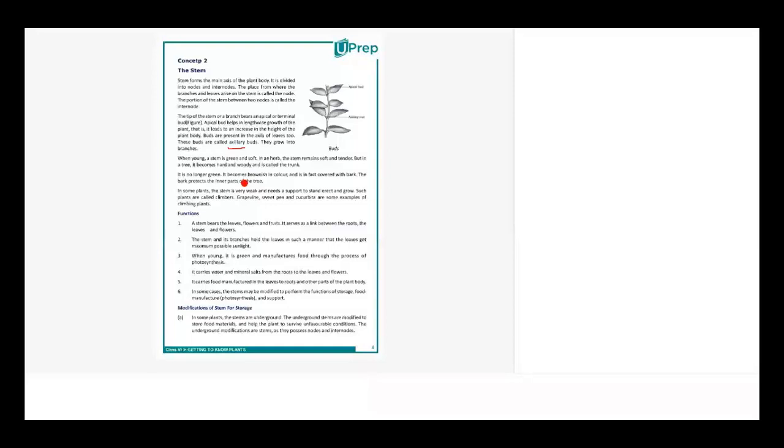Okay. Now coming on to how it looks. How does the stem look? For example, we know we have three types of plants: herbs, shrubs, and trees. We have always seen that the stem in shrubs is woody.